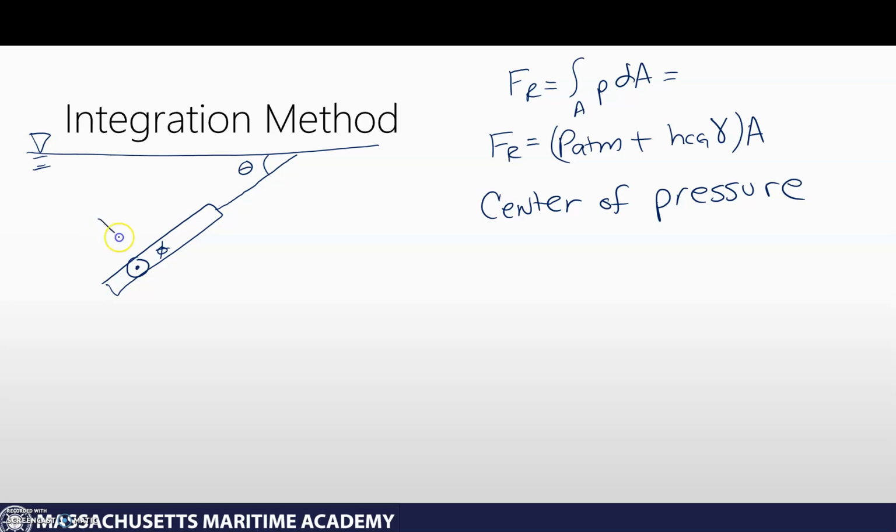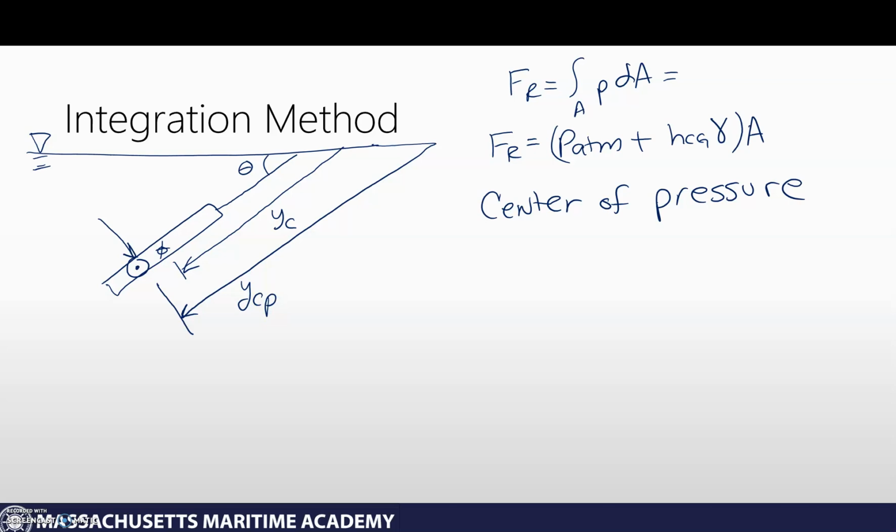Now, the way the engineering manual calculates things is that instead of using H's, we use Y. Y is the distance along the plate at whatever angle it is, and that's called Y sub C. You can calculate that using regular trigonometry. The distance to the center of pressure is given by YCP.